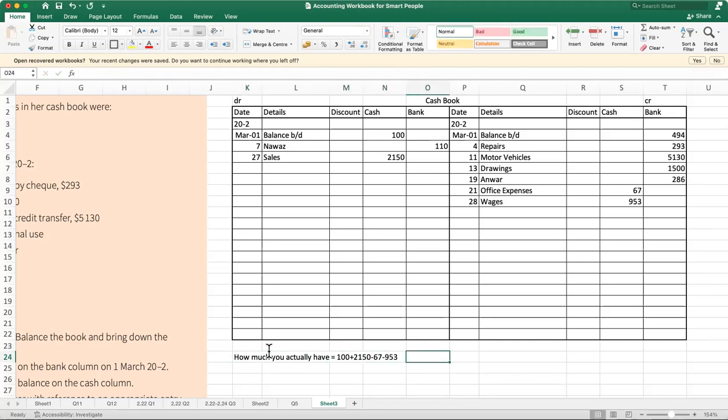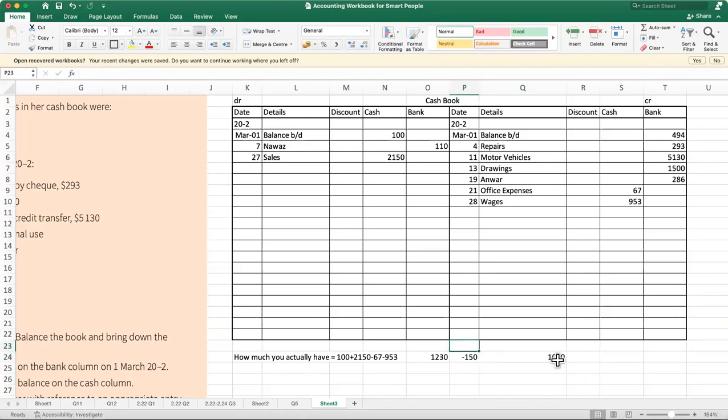So you will get it here. Let's just equate it then. This plus this minus this minus this. So this is your answer, 1,230. But are we supposed to bank in all of it? No, we're not. We're supposed to bank in less 150. So just say 1,230 minus 150, you get 1,080.